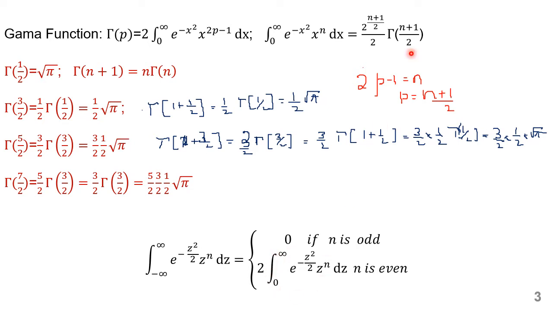This can be computed by the definition of gamma function, which is 2 to the power n plus 1 by 2 gamma of n plus 1 by 2.